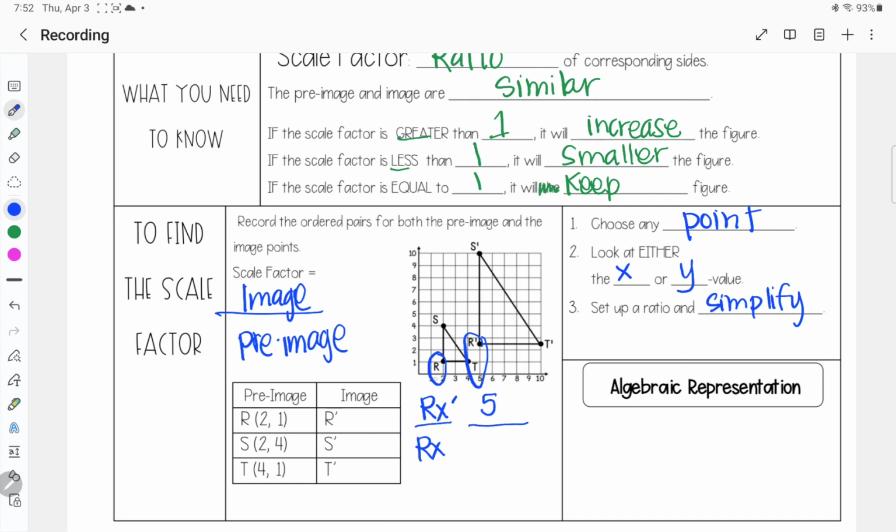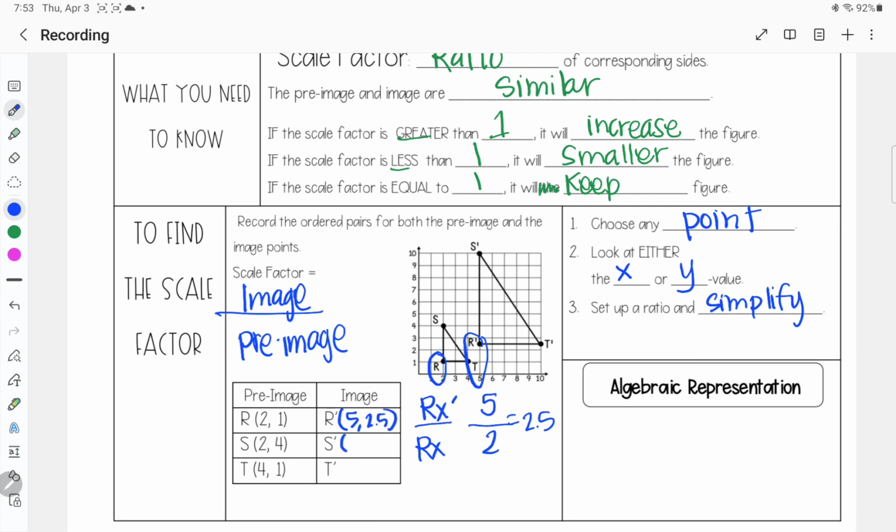R x value was 2. If I put that in, that's as low as it gets, 5/2. You can change it to 2.5 if you want, so you know that you're going to times each one by 2.5. My original R was 2, again, original is the one that's nice and clean. My R prime was 5.